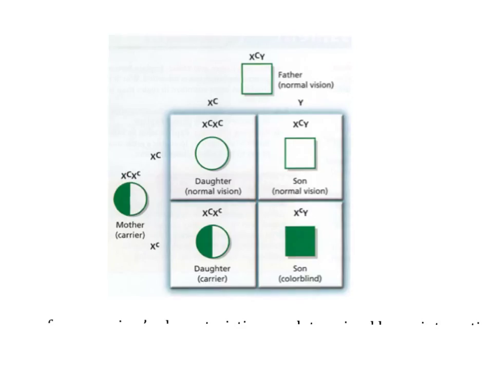You'll see that rather than just a capital C and a lowercase c, it's attached to an X. That shows us that it is linked to the 23rd chromosome, and it's a sex-linked trait. We can see the father here has normal vision. This mother, because she's a carrier, also has normal vision. And you can see that he has, on his X chromosome, a capital C, which tells you that it's the dominant normal vision option.